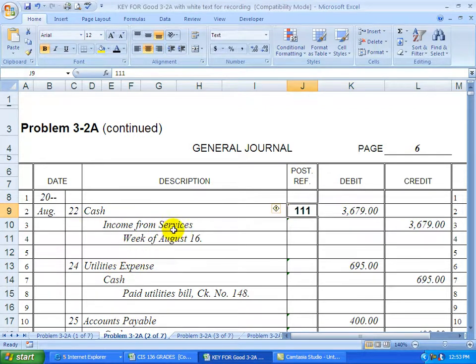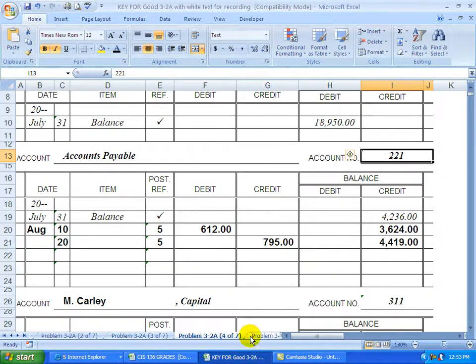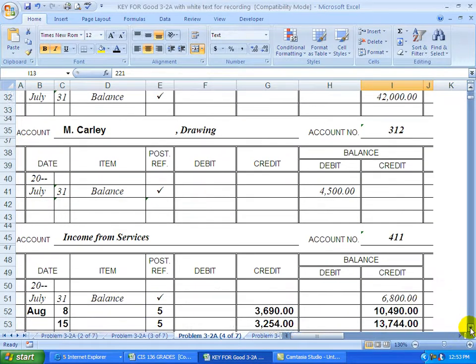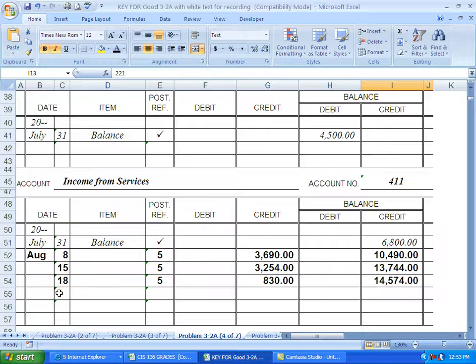Then we go to income from services and credit it. Okay, so we're going to put in the date, the 22nd, the credit, $3,679, credit, you add.